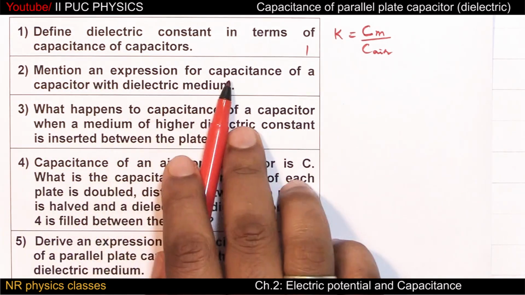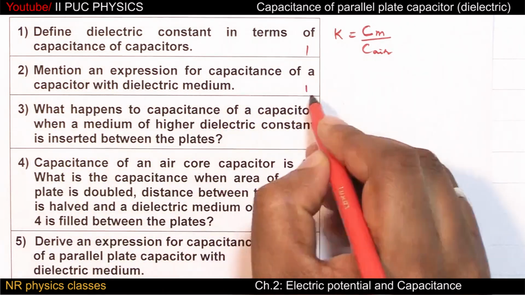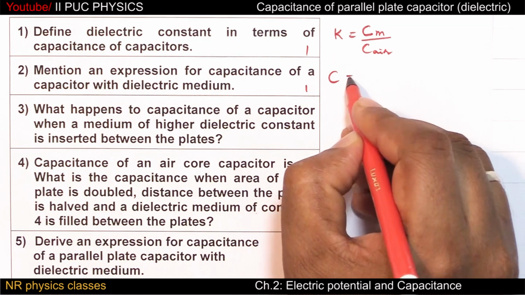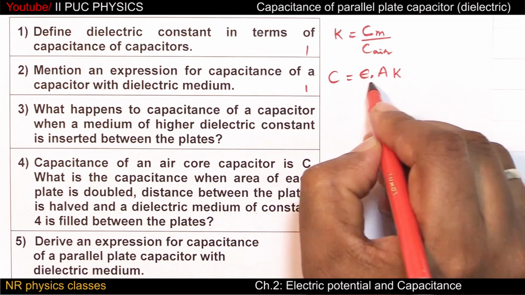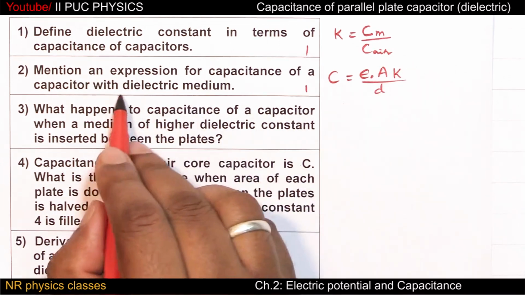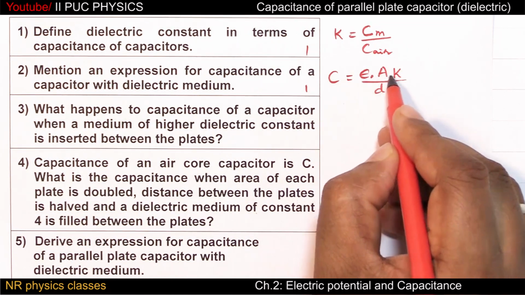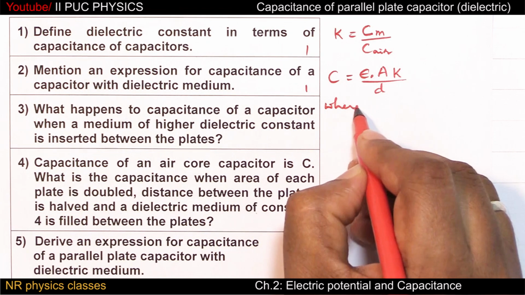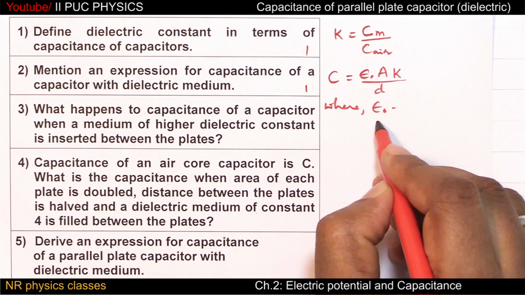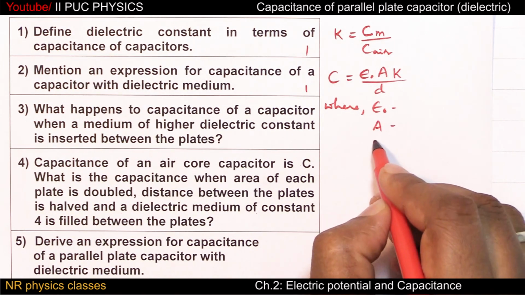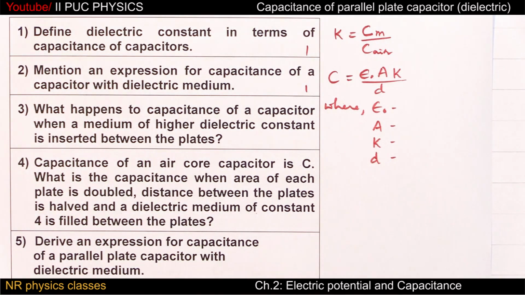Mention an expression for capacitance of a capacitor with dielectric medium. Just the expression. So C equal to epsilon naught A K by D with dielectric medium. Students, I insist you to write each and every term. Okay, so please write where epsilon naught is absolute permittivity of free space, A is area of each plate, K dielectric constant, and D distance between the plates.